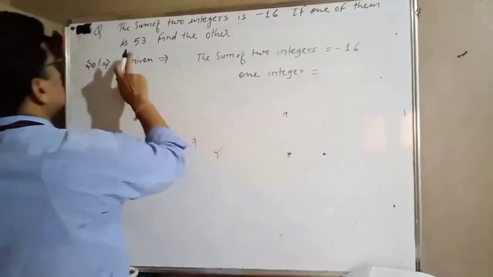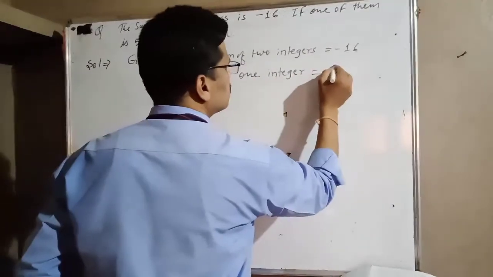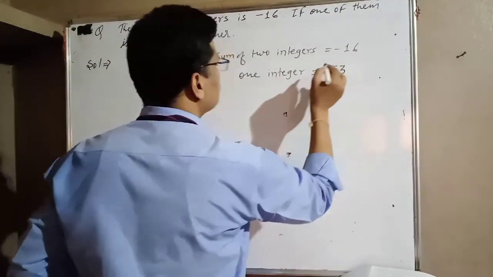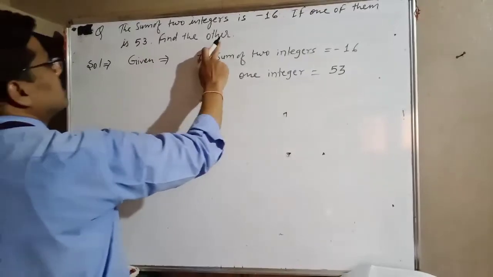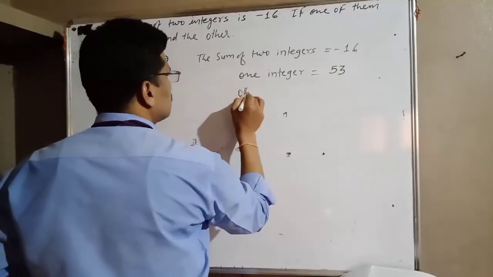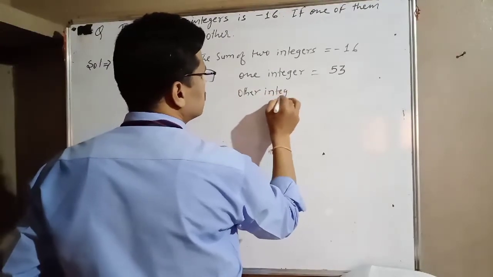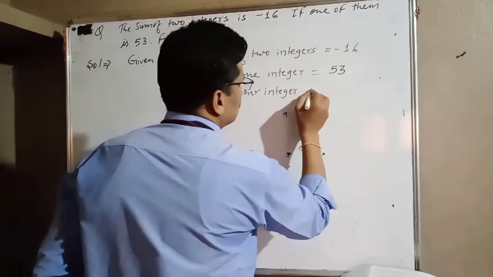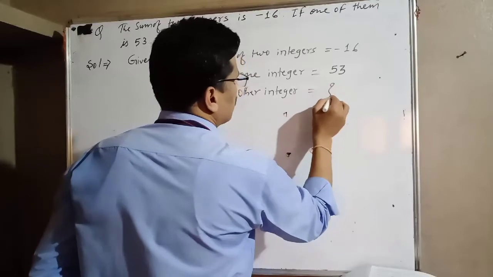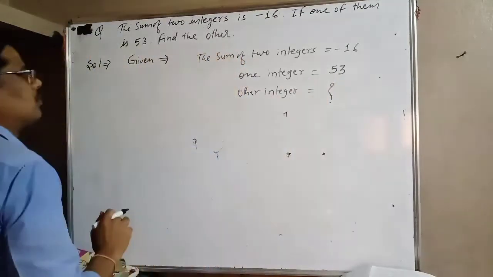What is the one integer? 53. So we can write here 53. And what you have to find is the other integer, so we write here other integer, question mark. We have to find it out.